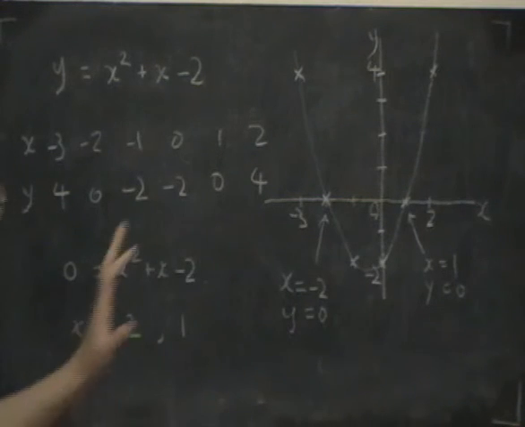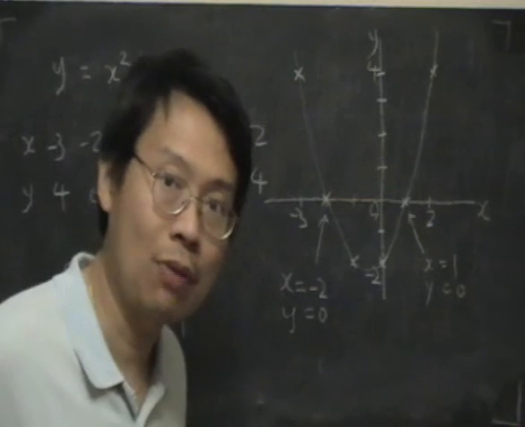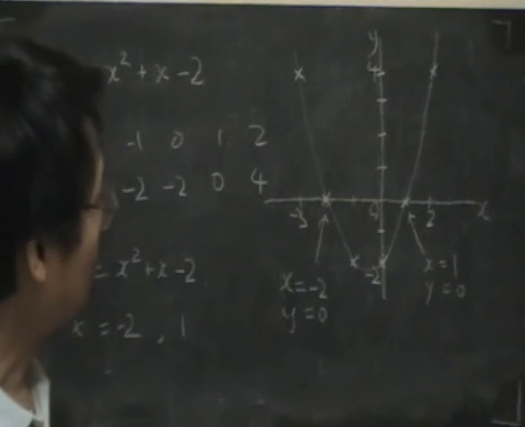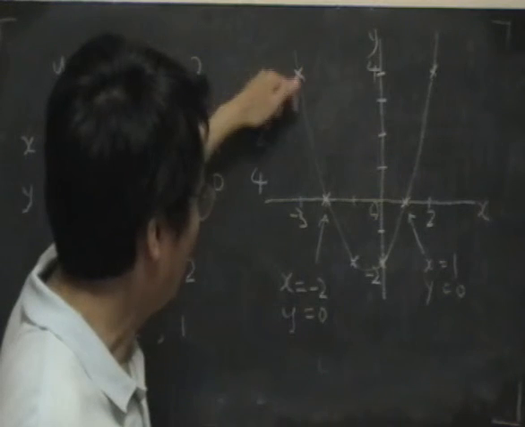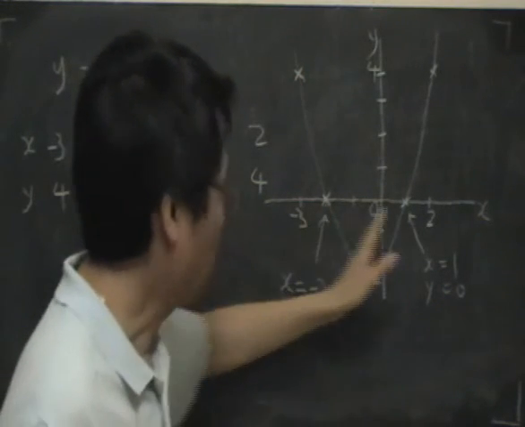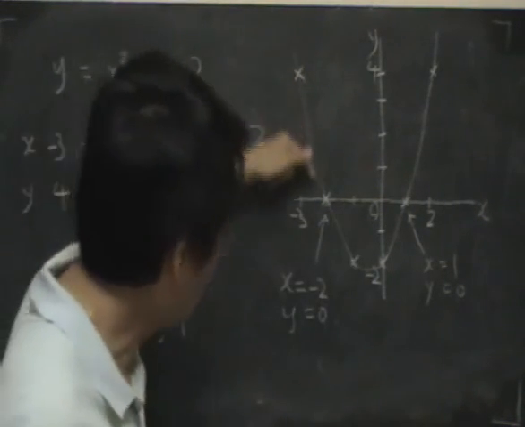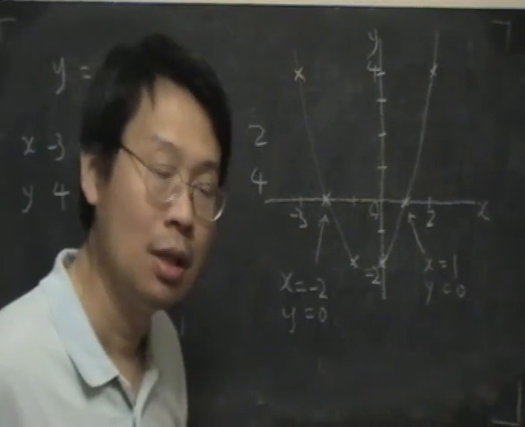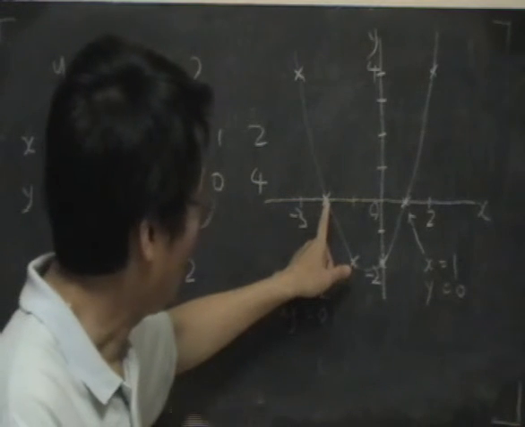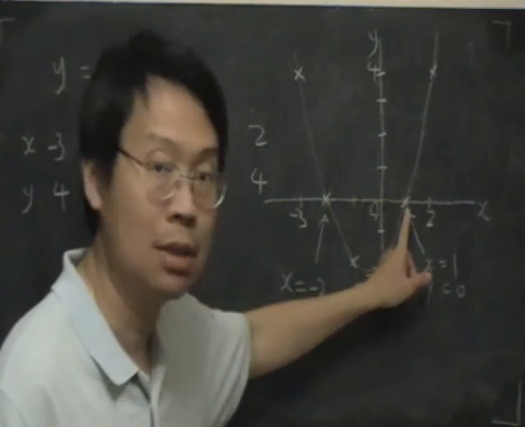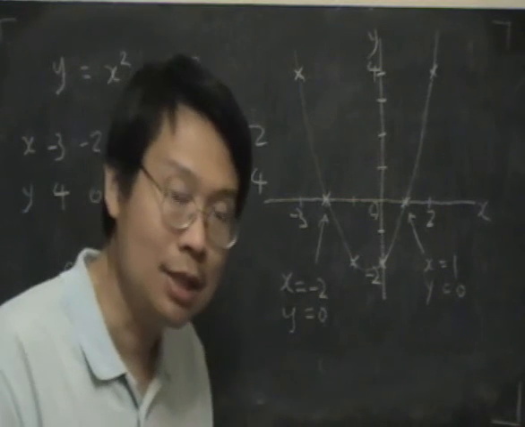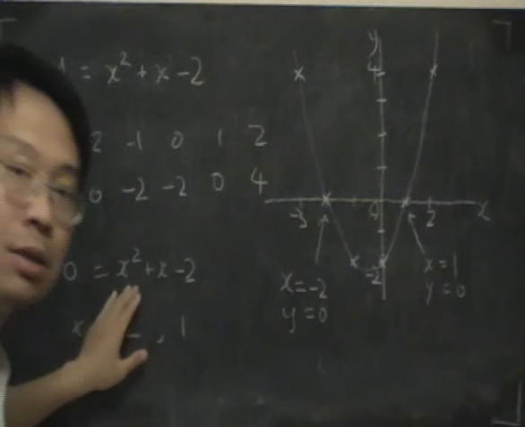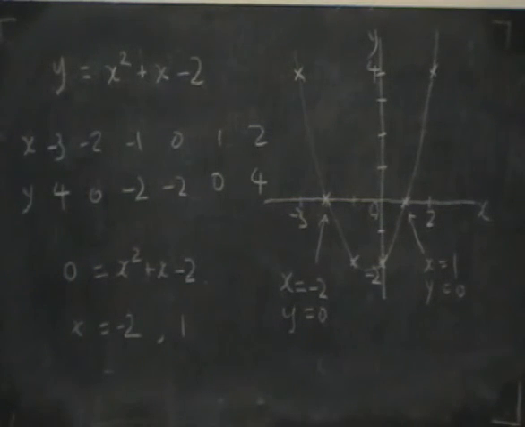If I just come back to this graph again and think about what we have done, I have basically looked at the 2 points where the curve cuts the x-axis, that point and that point, and I've looked at the values of x at these 2 points, and it turns out that those values of x give me the answer to this equation.